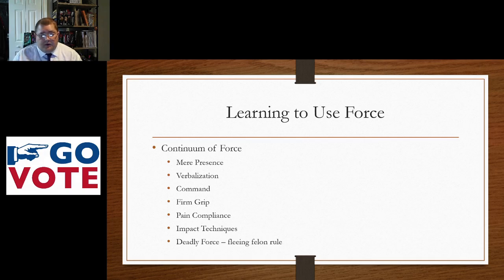If that's still not working, you have impact techniques, which are strikes, whether that's martial arts strikes, hand, foot, or whether that's using a baton, flashlight, something of that nature. And then also less lethal impact devices are in here as well: tasers, stun guns, things like that.